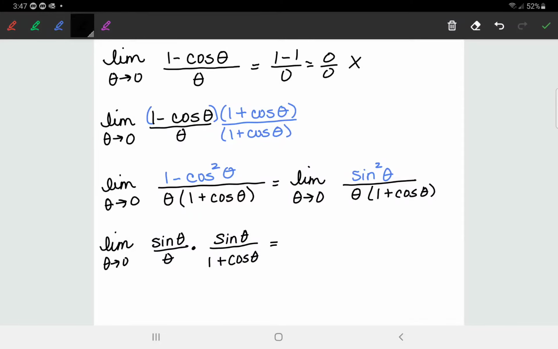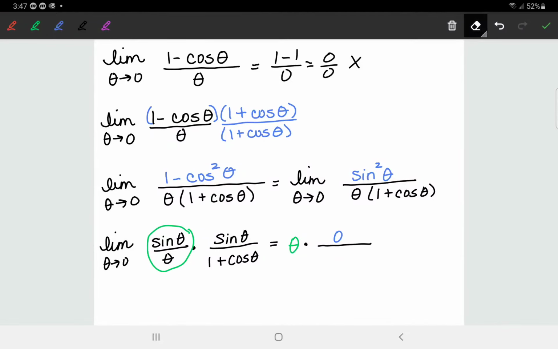And now let's take this limit. We've already shown in the last video that the limit as theta approaches 0 of the sine of theta divided by theta is just the number 1. And then if we do a direct substitution into the second portion, the limit as theta approaches 0 of the sine of theta, we proved this earlier as well, is just 0.